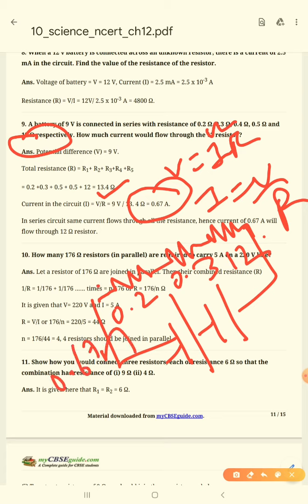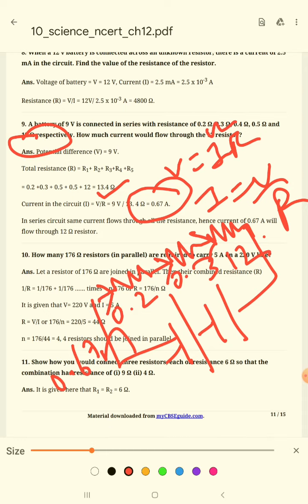So this current will move through the second resistor also, and through the third also, because in a series combination current remains constant. So in every resistor the current will be the same, that is 0.67 ampere.